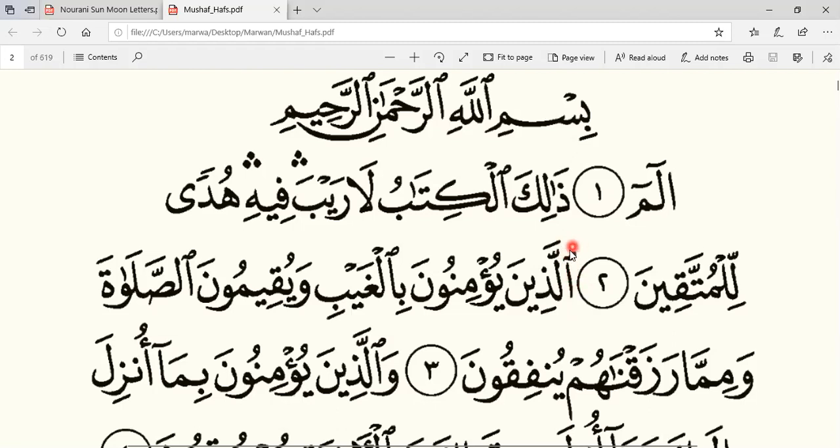I'm not going to tell you the rule about this, but always replace it by a hamza. So now it would be الذين يؤمنون, jumping again, بالغيب ويقيمون نص, right?